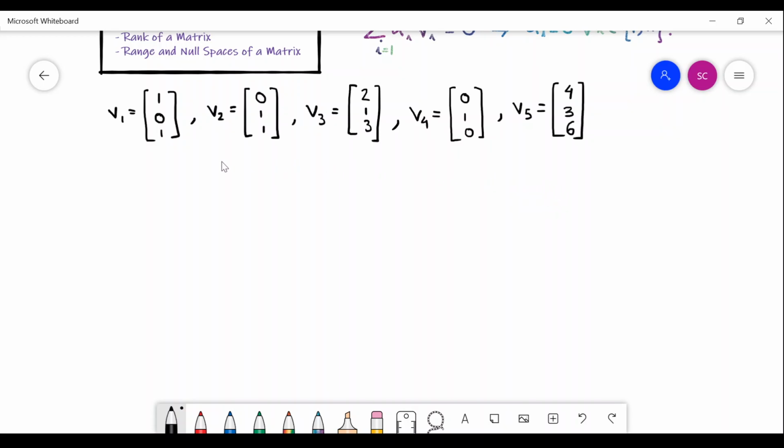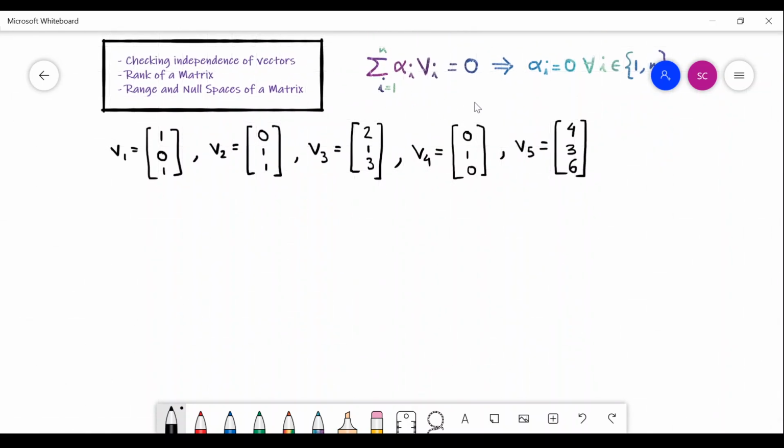But if you see that these alphas are non-zero, then it is ascertained for sure that they are dependent. And you can also see the linear relationship between the vectors.